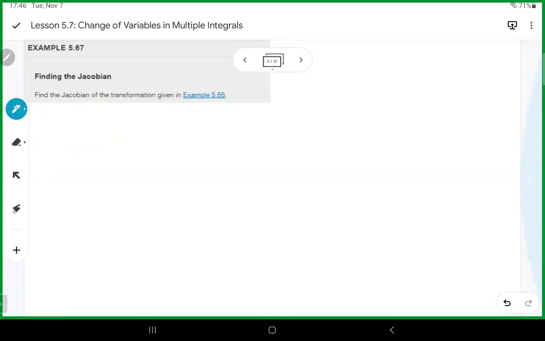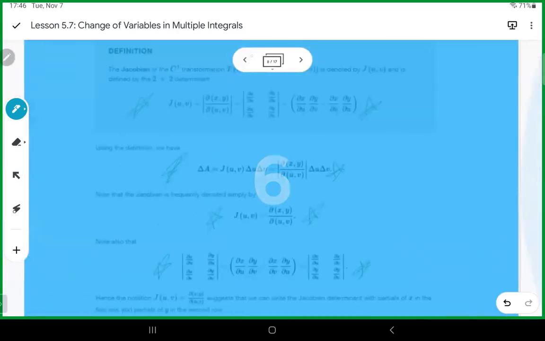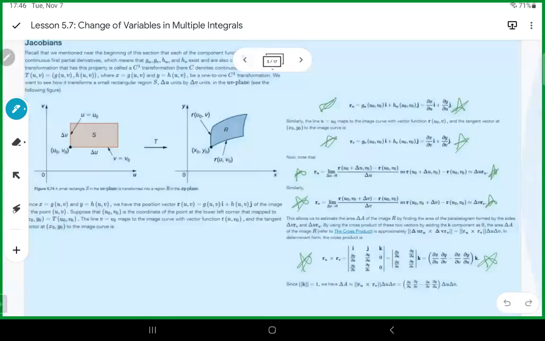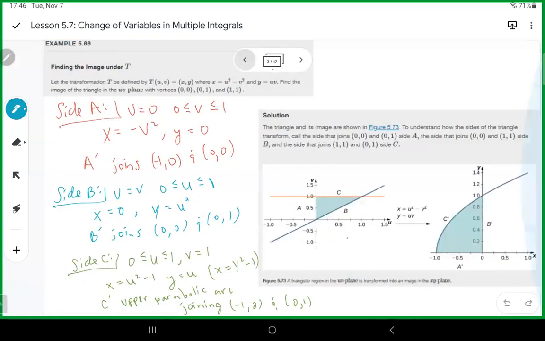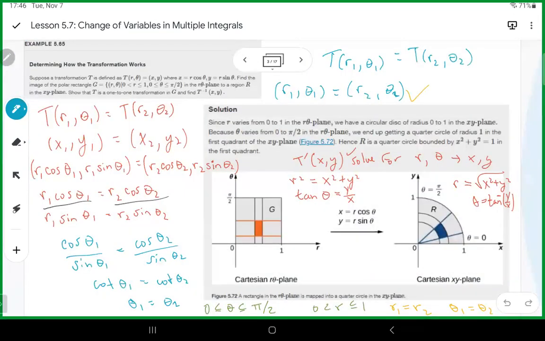Find the Jacobian of the transformation given in example 5.65.